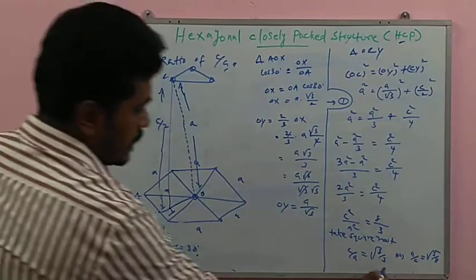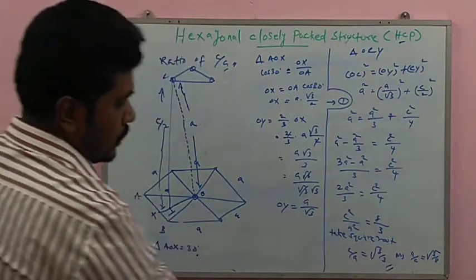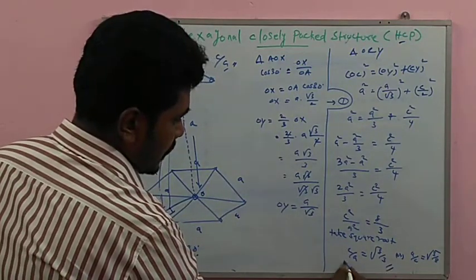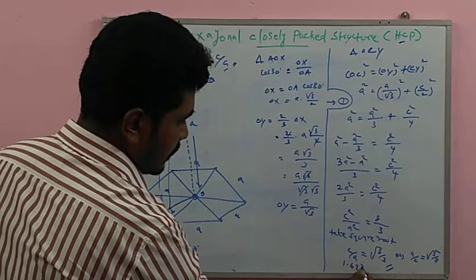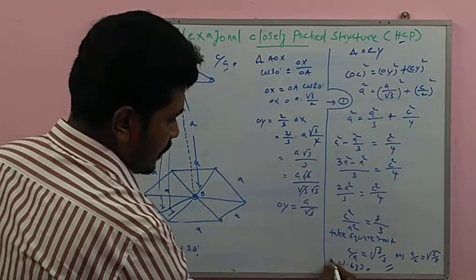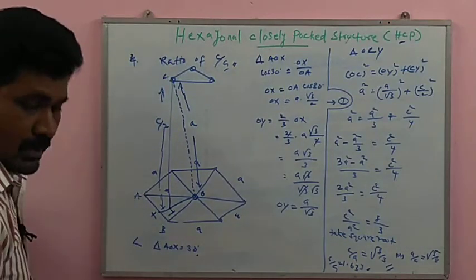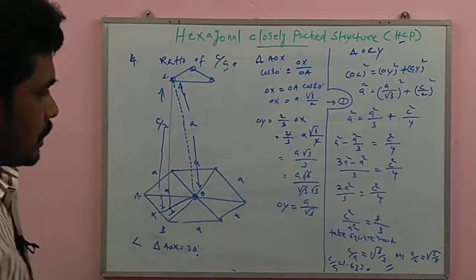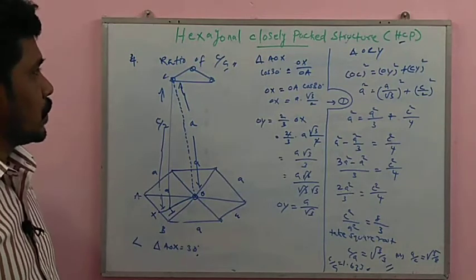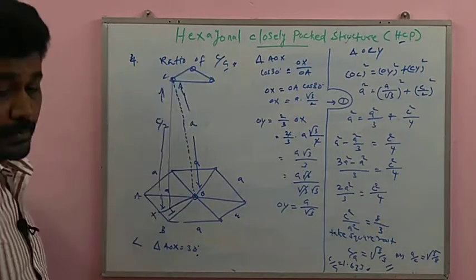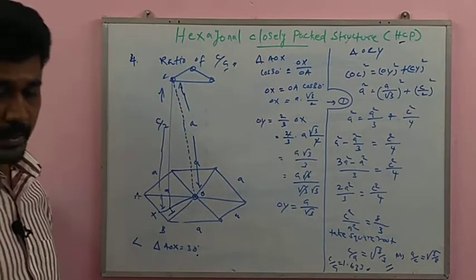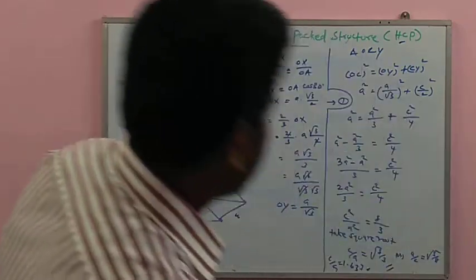This is the value for the C by A ratio, and that answer is 1.633. Understand? 1.633 is the value for the C by A ratio. This is one of the simple calculations for how to find C by A of HCP structures, hexagonal close packed structures.